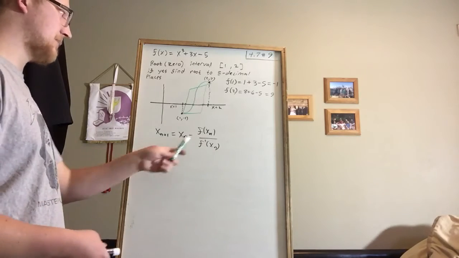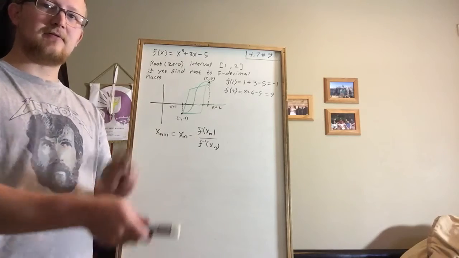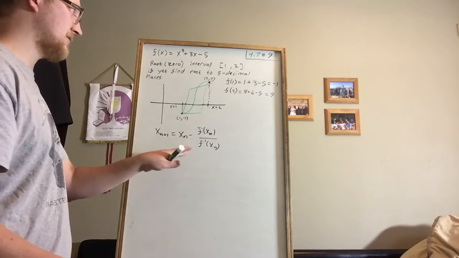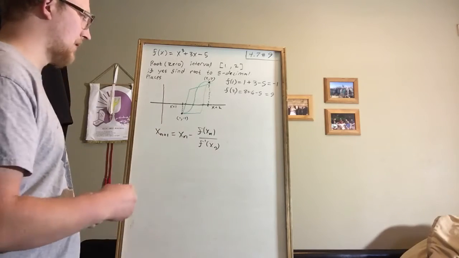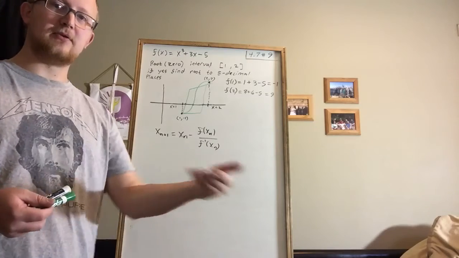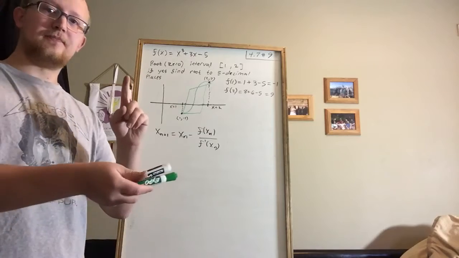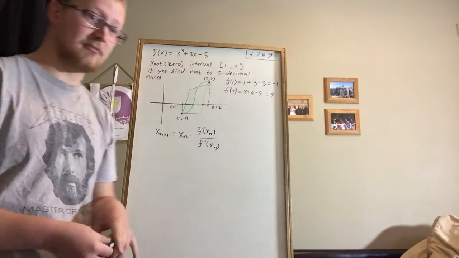For that reason, I'm not going to walk through this method because it is tedious, it's full of computation, and computers can do it for us. Once you understand why it works, why bother using it if a computer can use it for you? But I did show how to use it in a video about Newton's method and in 4.7 number 6.